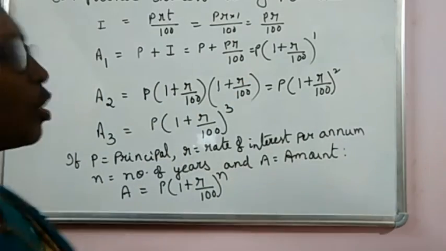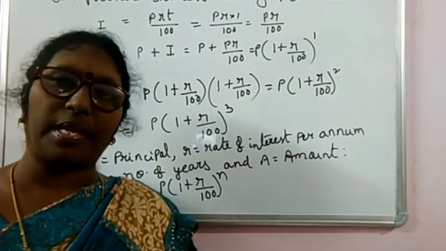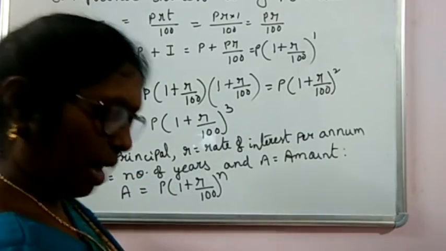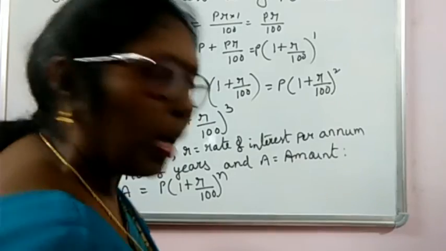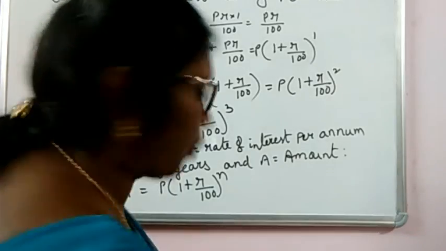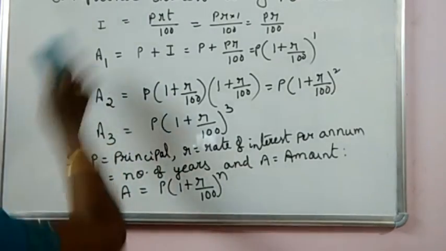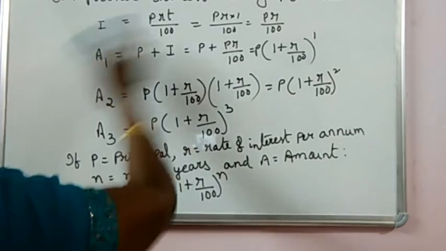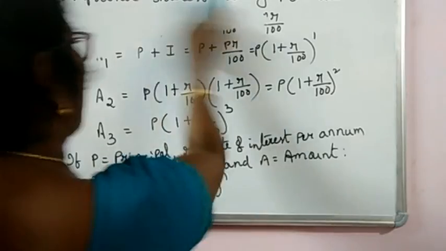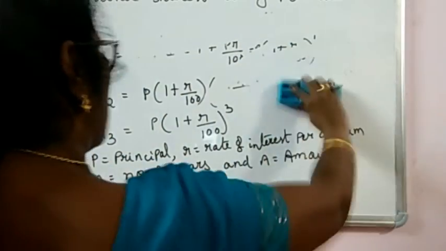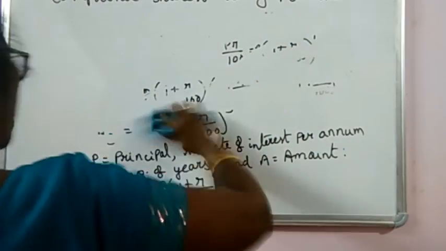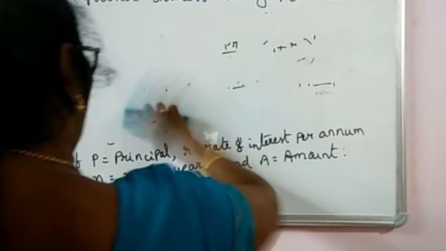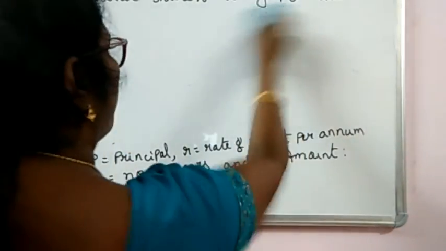Then what is the formula for finding compound interest? You know that interest is equal to amount minus principal. I hope how we derived the formula you understood. Now let me explain how to find the interest.